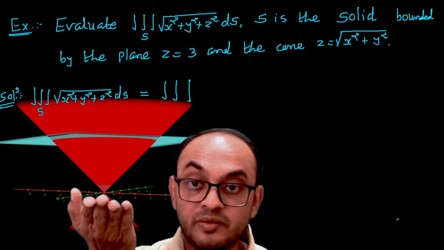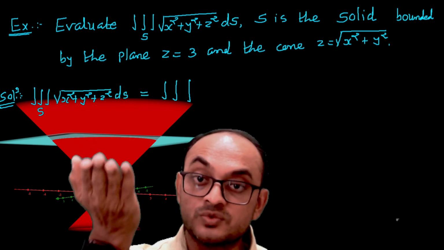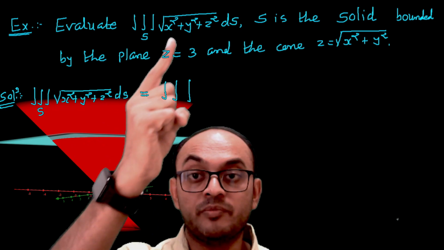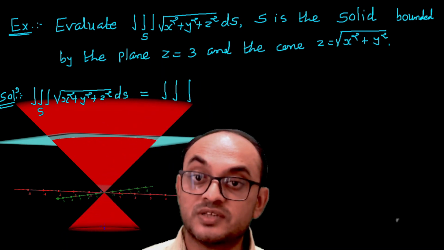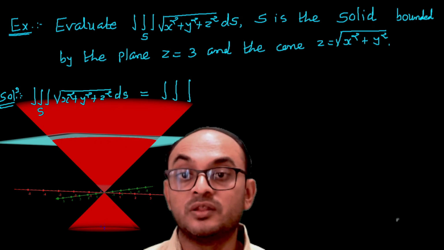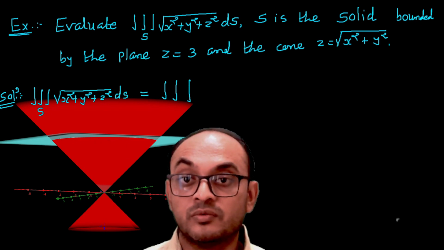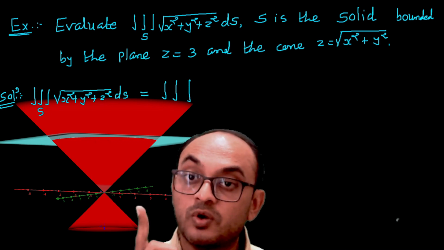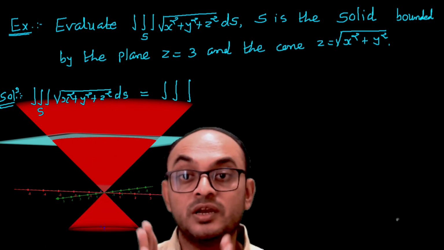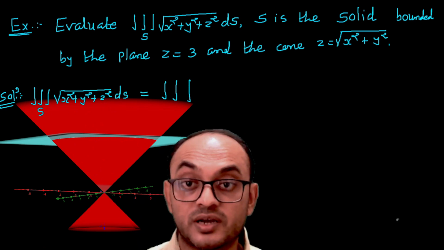If I write the limit with our usual aspect, then it may be difficult to integrate square root of x square plus y square plus z square by substituting the limit, and it may become more difficult. So what we do, we convert these coordinates in terms of spherical coordinates.